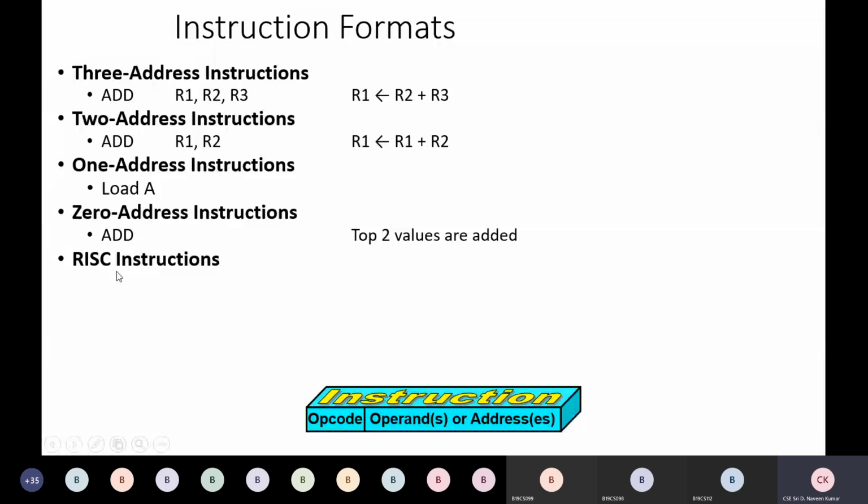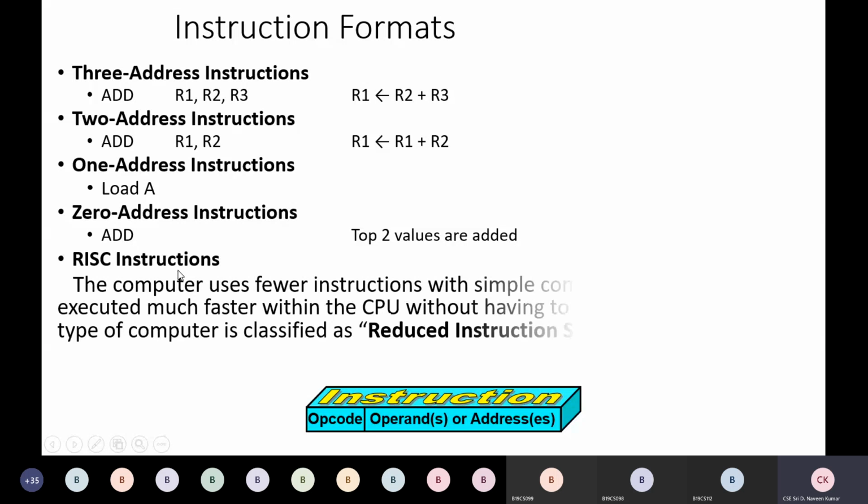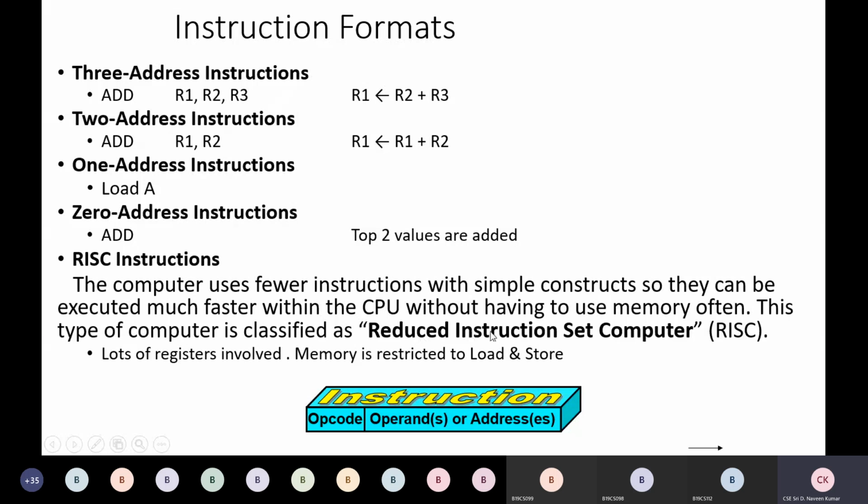RISC is also one type of instruction format. Its full form is Reduced Instruction Set Computer. So the instruction set is reduced. It uses simple constructs with fewer instructions, so that execution will be much faster in the CPU.